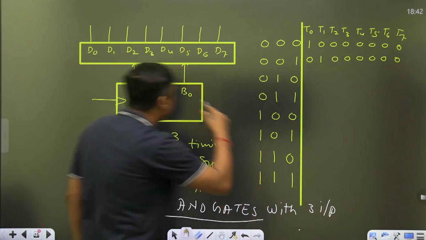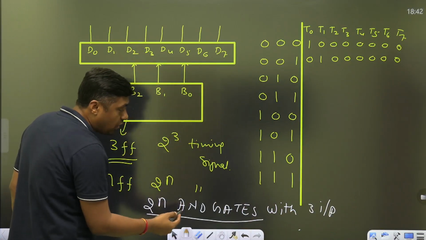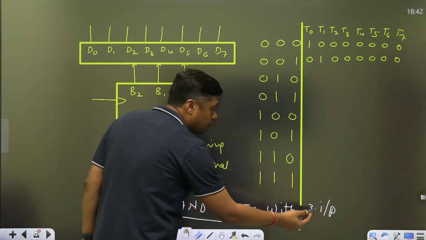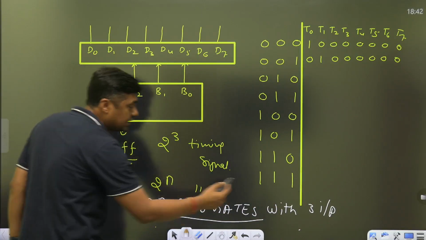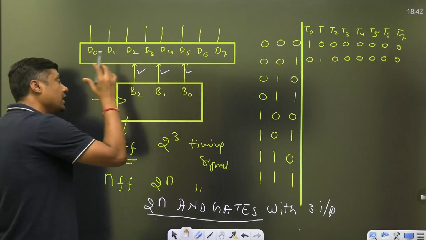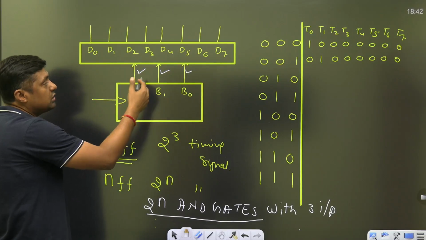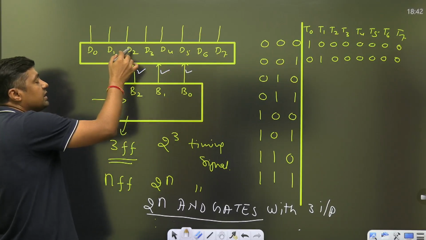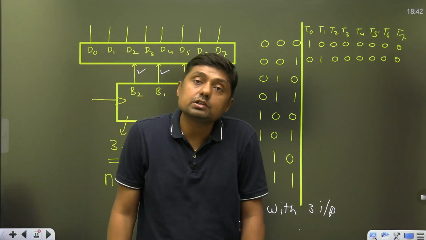If there are 4 inputs to the decoder, 2 to the power 4 AND gates with 4 inputs. 2 to the power 5 AND gates with 5 inputs. So it depends upon these inputs. When we increase the counting of this counter, the inputs to the decoder will increase as well as the input lines for the AND gates.